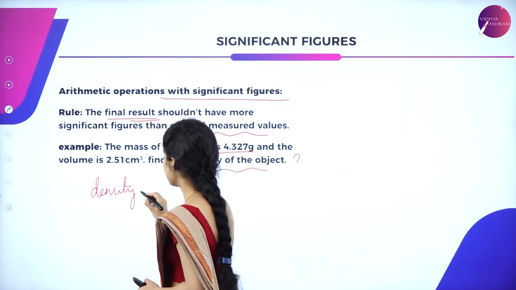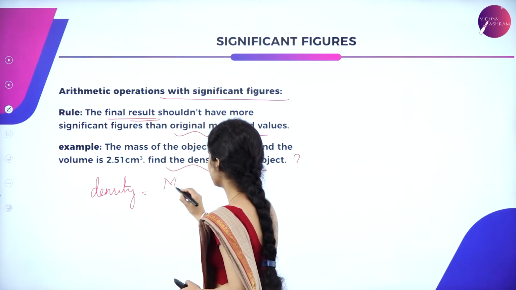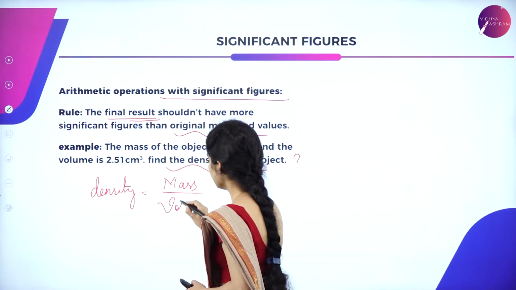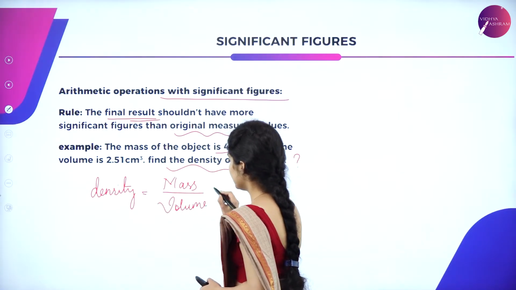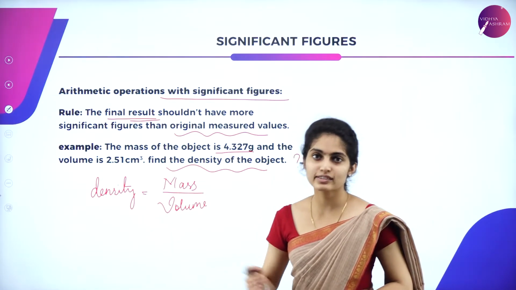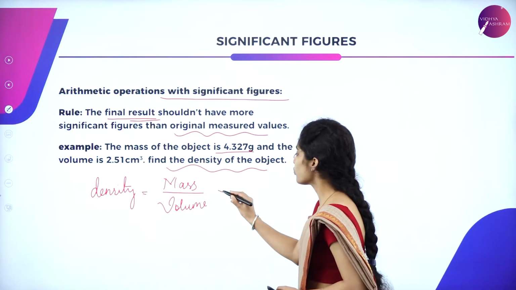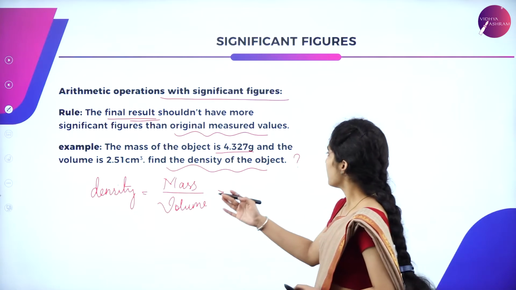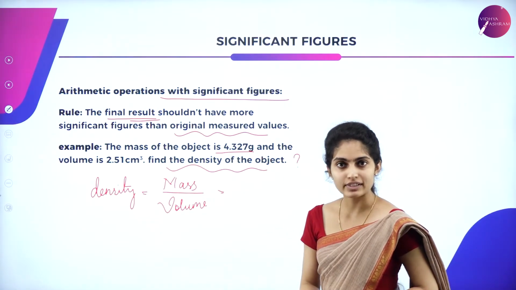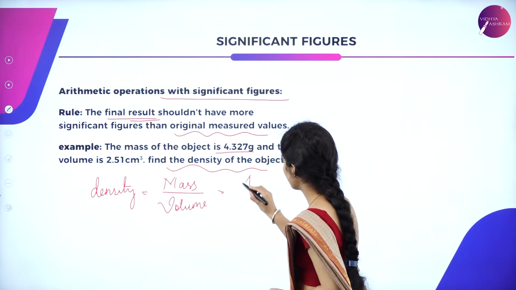Density is equal to mass by volume. This is the formula for density. So what is mass? Mass is nothing but 4.327 grams.